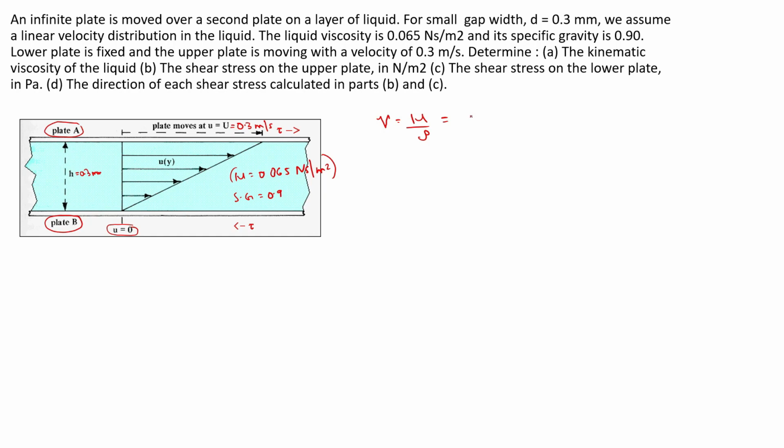So the dynamic viscosity is 0.065 Newton second per meter square divided by the density, which here is 900 because the specific gravity is given as 0.9 and density is specific gravity into 1000, that is 900. So nu is 7.22 into 10 raised to minus 5 meter square per second.